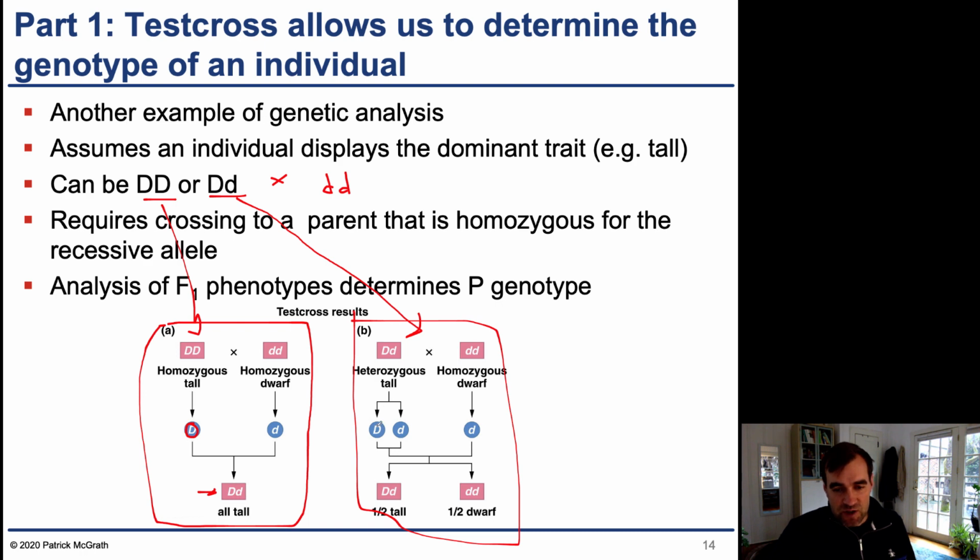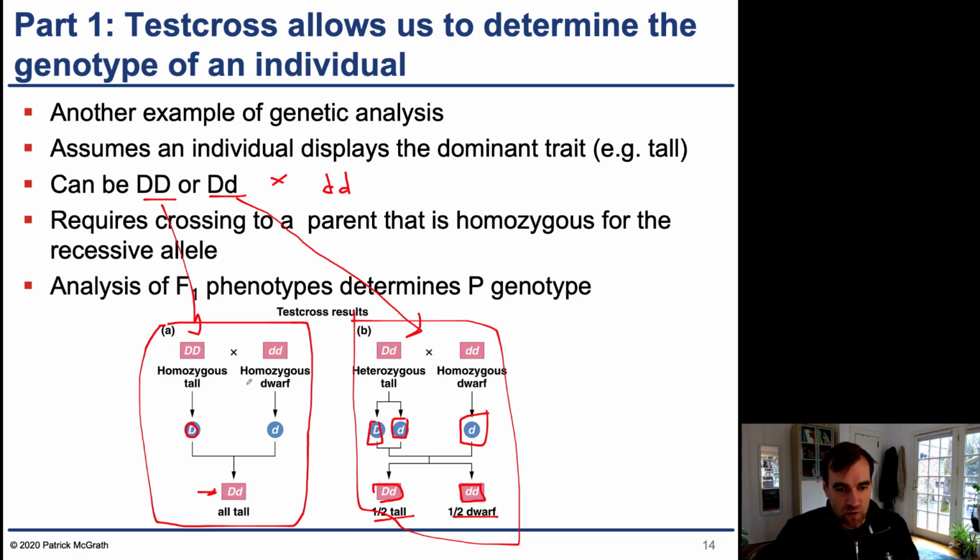So 50% of the gametes produced from this individual would be big D, and 50% would be little d. For the homozygous dwarf, 100% would be little d. And so if we looked at the offspring, we would find 50% would have this genotype, and 50% would have this genotype. And if we looked at the phenotypes, we would see half of them were tall and half of them were dwarf. So the testcross allows us to determine the genotype of an individual by looking at the offspring.